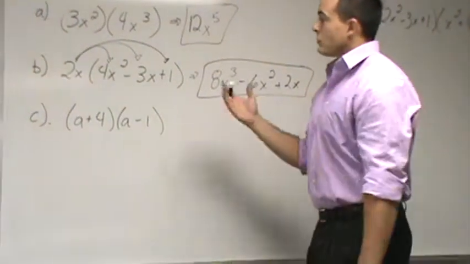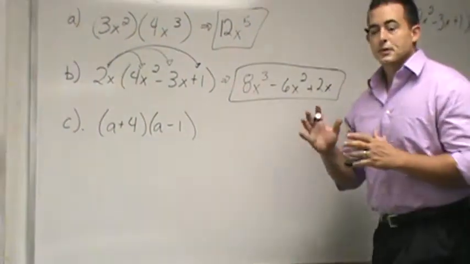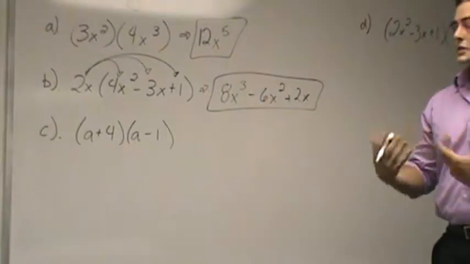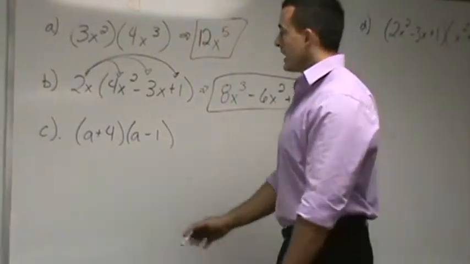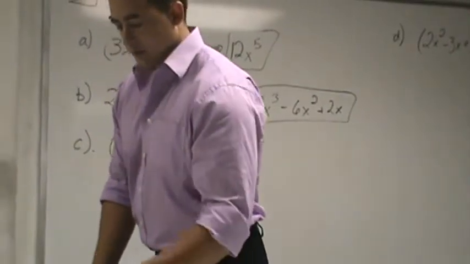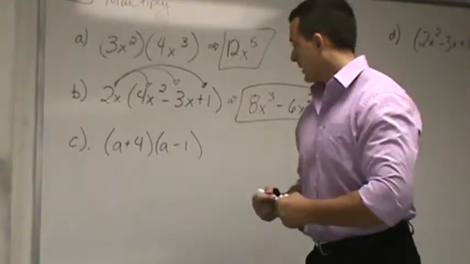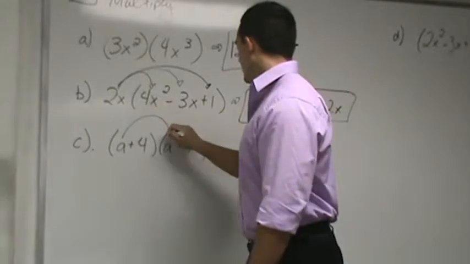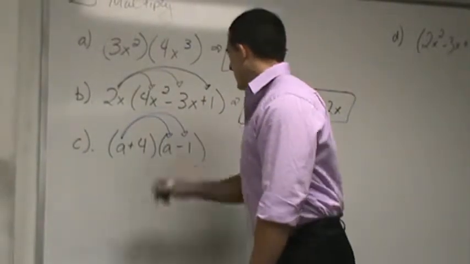So whenever it becomes more complicated, and you've got multiple sets of parentheses, you still rely on distribution, except now you're going to have to do it twice. So I'm going to try and get a couple of colors here to help illustrate. You begin by distributing the first term like so.